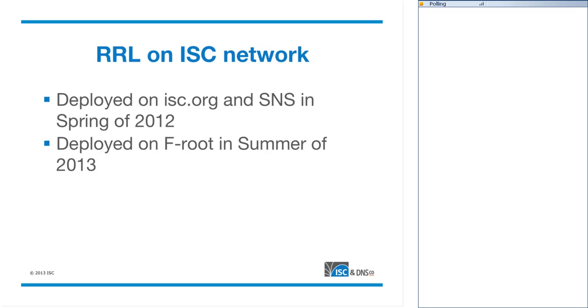Correct. So I should also point out here that we deployed it on F over the last couple of months, earlier this summer. It was for a variety of reasons. It wasn't necessarily because F was being attacked. One was actually because it was now in base, and just as part of general hygiene, so to speak, we went ahead and rolled out 9.9.4, and thus we had the ability to just go ahead and turn on RRL.